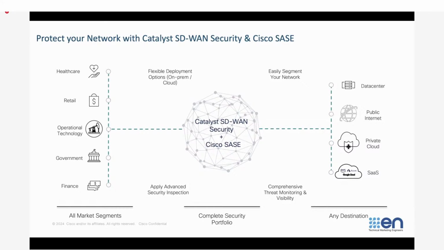We can also provide advanced security inspection using on-box security capabilities like next-gen firewall on the Catalyst SD-WAN edge. We can do inspection like IPS, advanced malware inspection, and TLS for decrypting the encrypted traffic. And we can also complement that with cloud-based security using the cloud security provider and use CASB and DLP and other functions on the cloud.